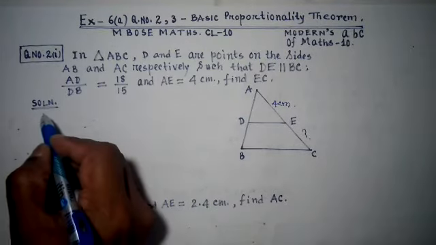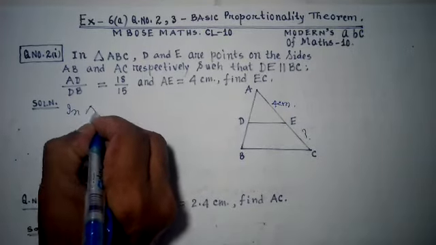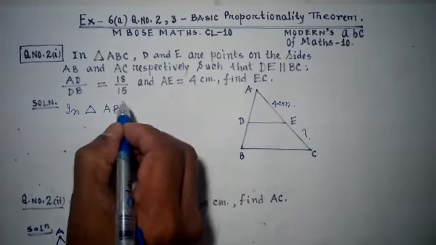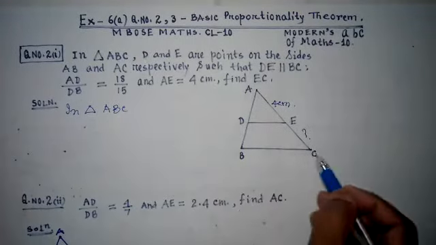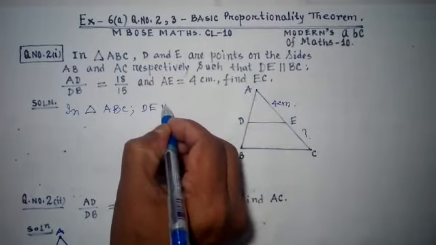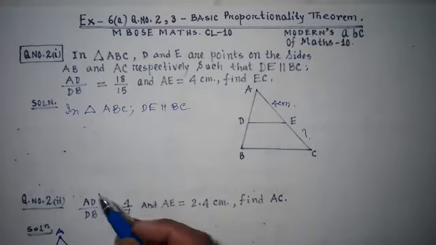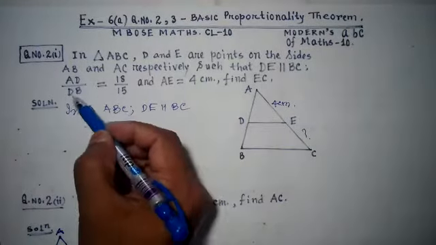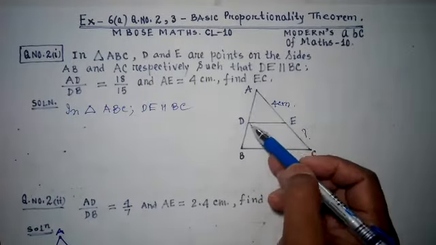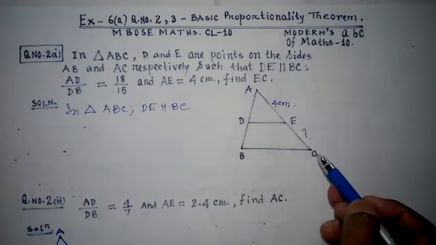So we can write the solution: in triangle ABC, DE parallel to BC. This we get from the question. Also AD by DB value 18 by 15 is given. So we take the relation AD by DB is equal to AE by EC from basic proportionality theorem.